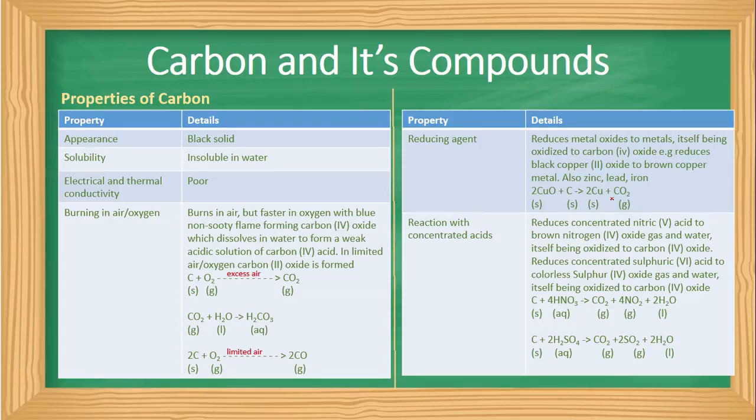And for concentrated sulfuric acid, it is reduced to sulfur 4 oxide, while the carbon is oxidized to carbon 4 oxide. Water is also produced in both of these reactions. You can see the chemical equations as presented here.